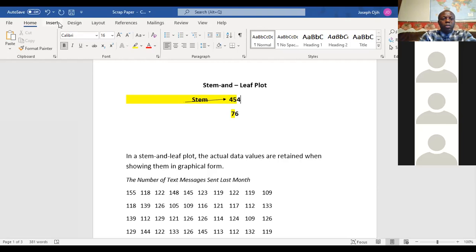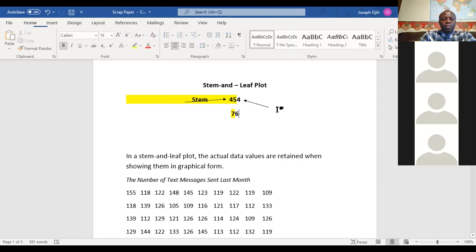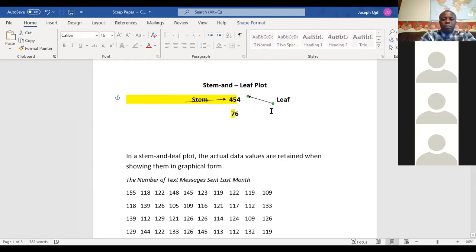The ones on the other side are the leaf. So that is the leaf right here. Professor, the last digit is always the leaf?